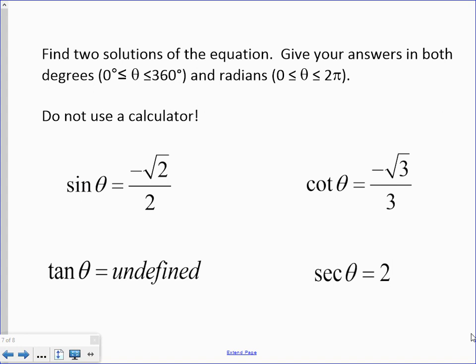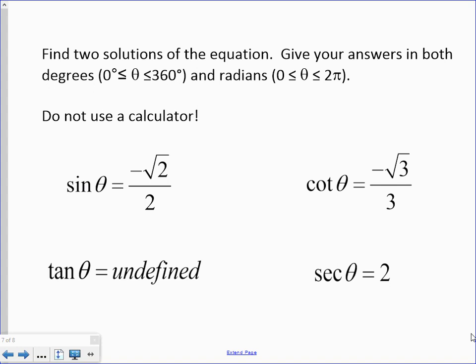If you get sine of theta equals negative square root 2 over 2, talk about the others. I just look at the degree. I'm trying to figure out the radian part in my head. If you find negative radical 2 over 2, you know that's 45 degrees.